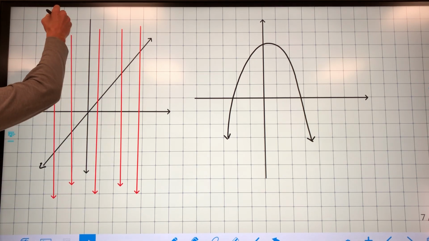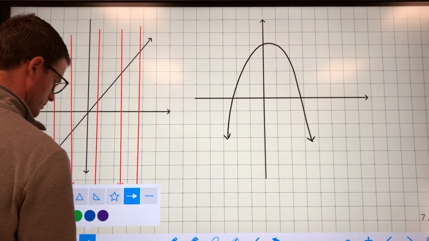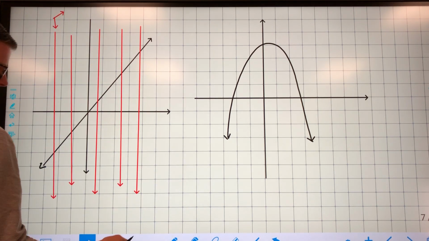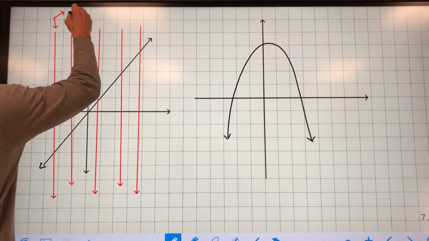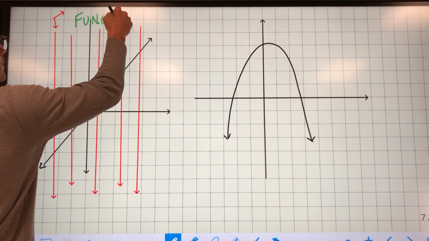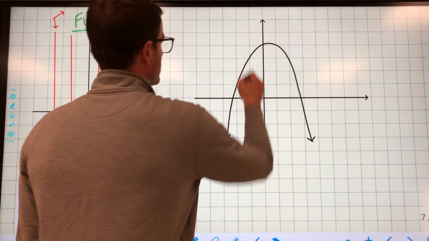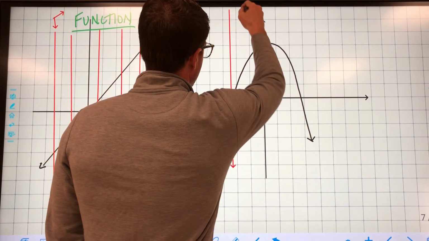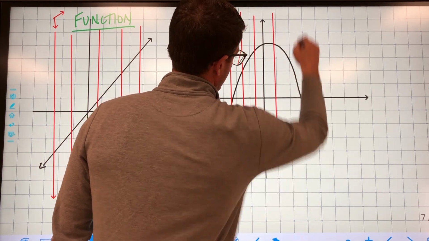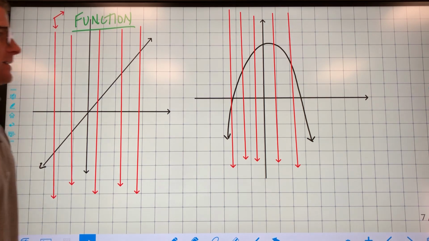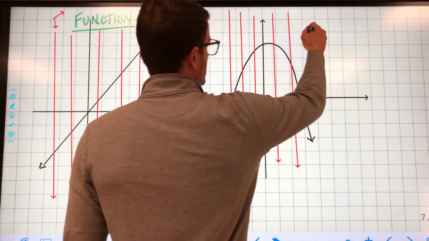No, so this is a function, because it passes the VLT. Back to this one. Draw my vertical lines. Does it pass through anywhere? No, it does not. So again, function.